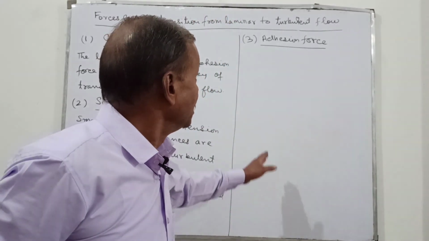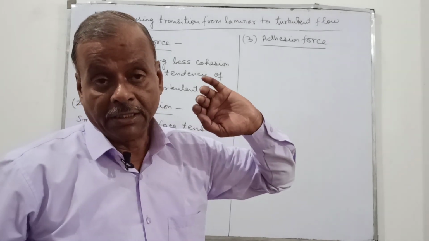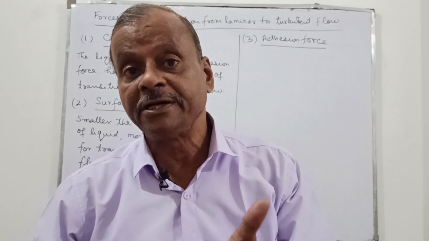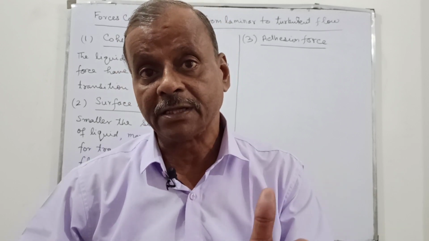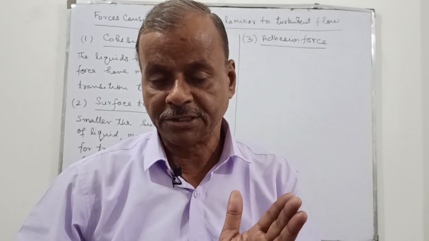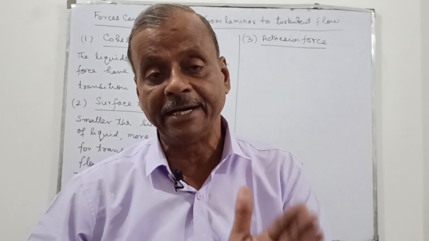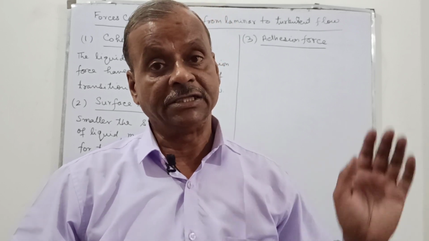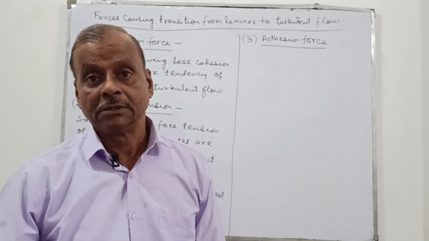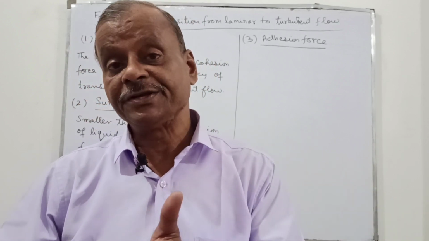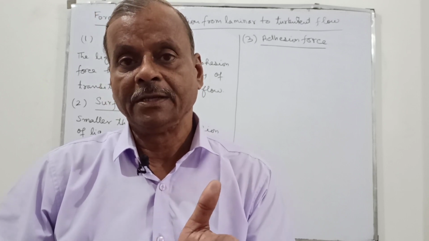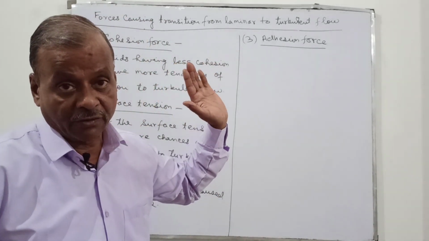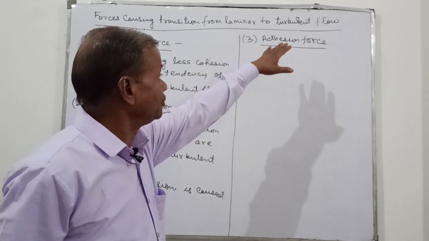So if the liquid is adhesive, it has adhesion forces, meaning the force that exists between different kinds of molecules. Suppose water is on a glass surface, then the force between the water molecule and the glass molecule is the adhesion force. The larger the adhesion force, the less the surface tension of the liquid will be. So this will affect the transition of laminar to turbulent flow.